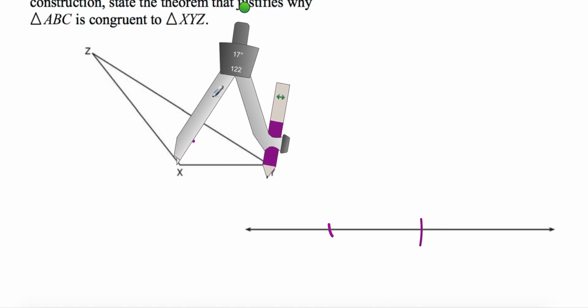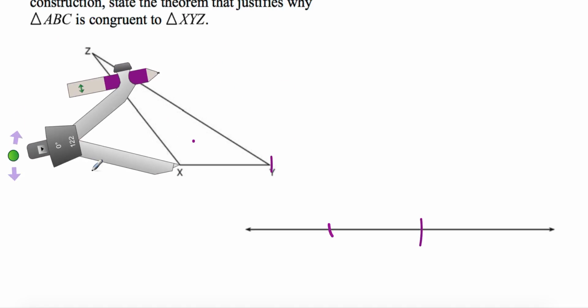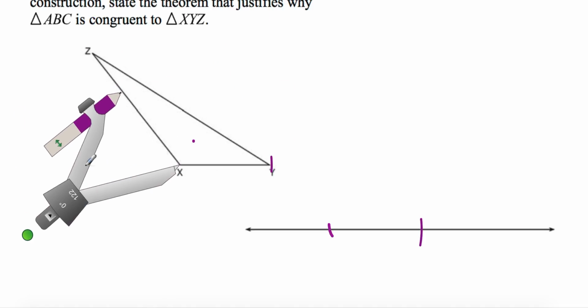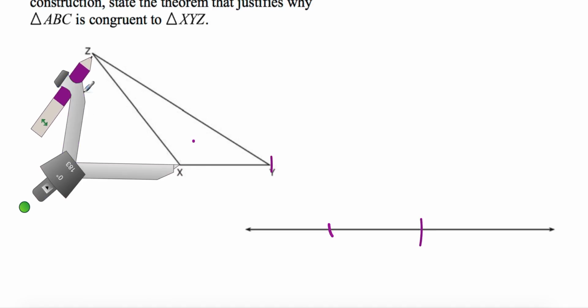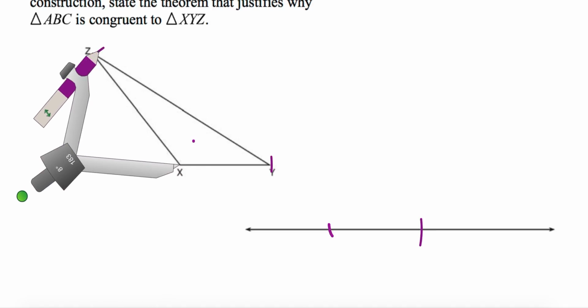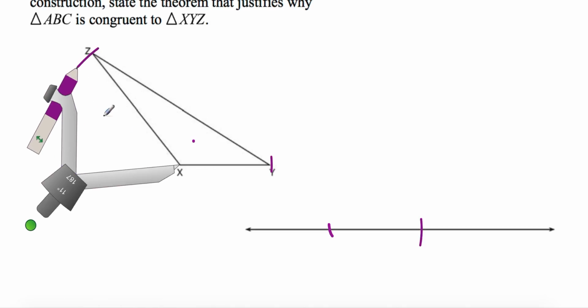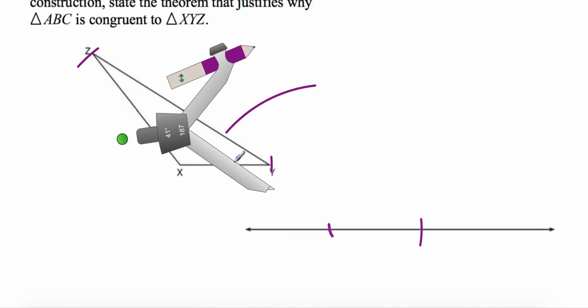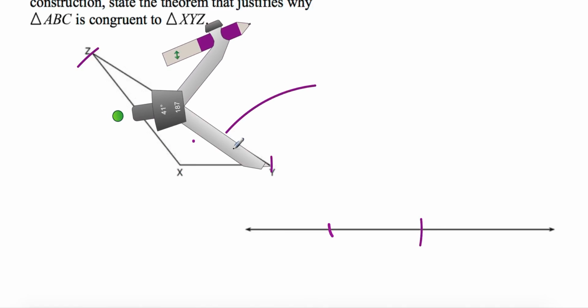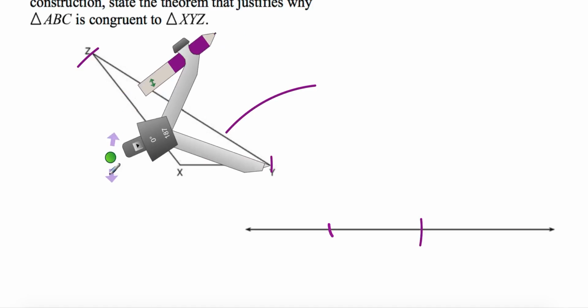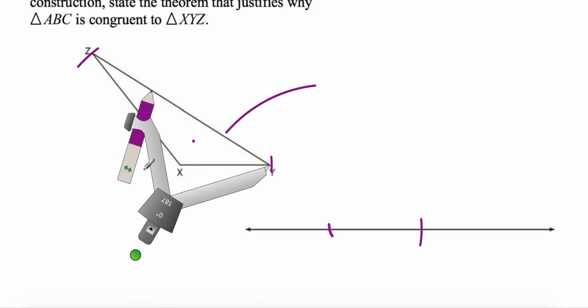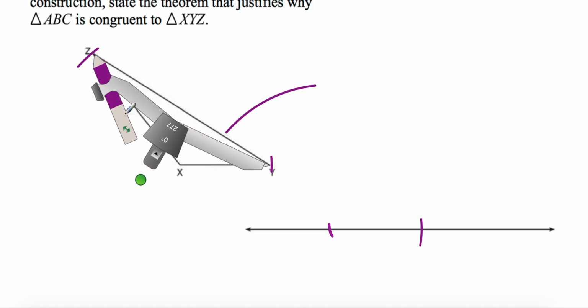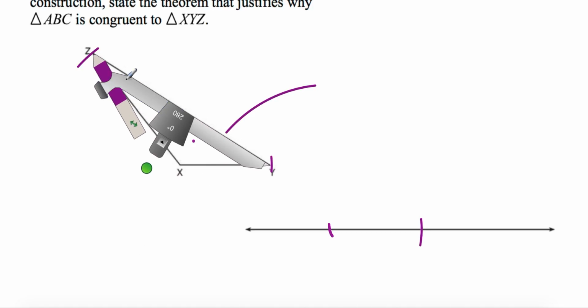Now let's copy one side. So I'm going to copy this line segment over here. And then lastly, it's almost right over here.